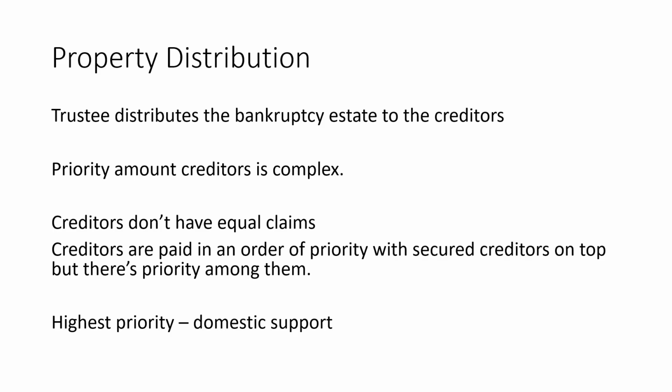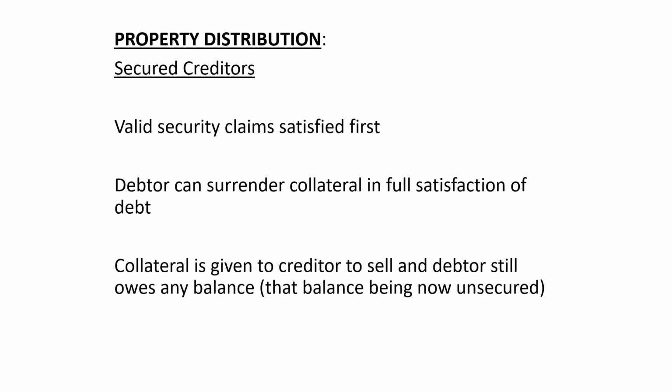So I'm going to note that the highest priority creditor is going to be domestic support above anybody else. That alimony, that child support, that's going to get paid first. So after domestic claims, the next are these valid security claims. Like I said, the debtor can surrender the collateral in full satisfaction of the debt.